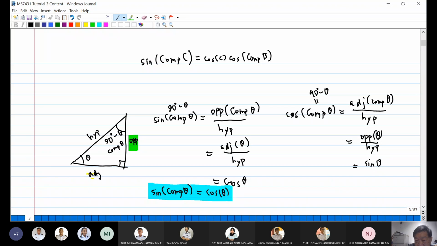So next time you see cosine of co-theta, it is just sine theta.